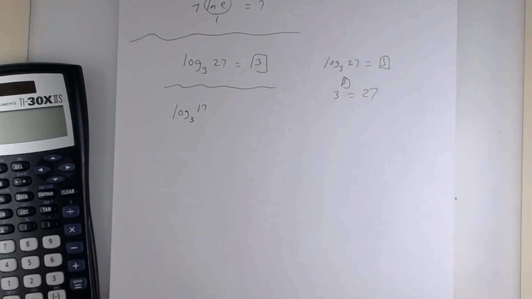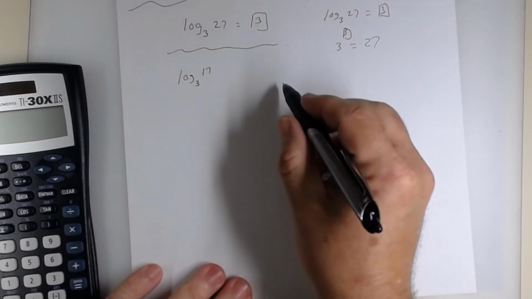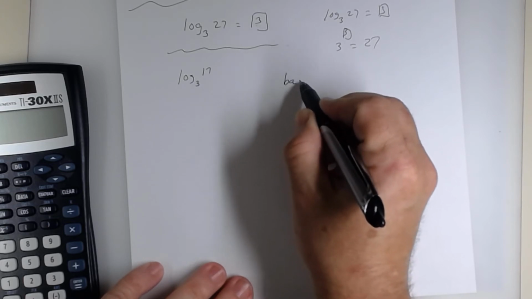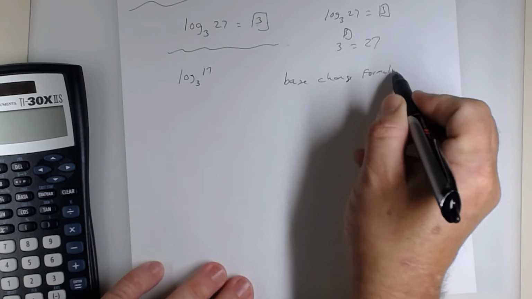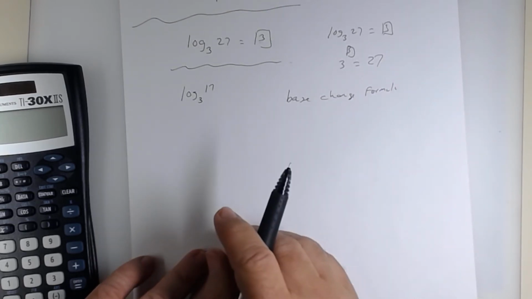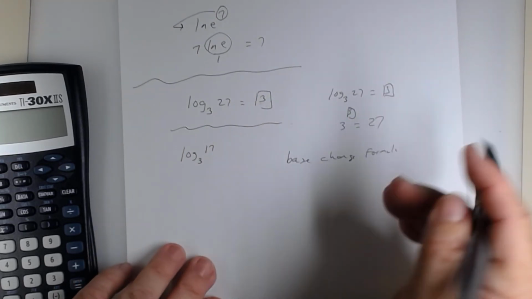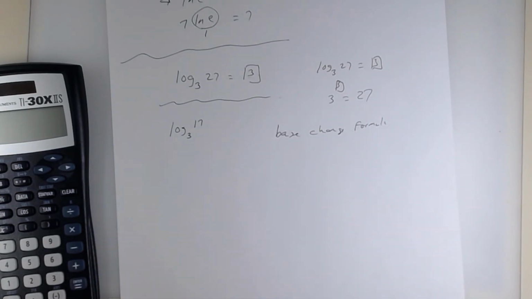All right, so there's something called the base change formula. I'll give you the base change formula. You just need to know how to use it. Is this 4.4 now? No, that's still 4.3. All this is 4.3. So the base change formula says this.